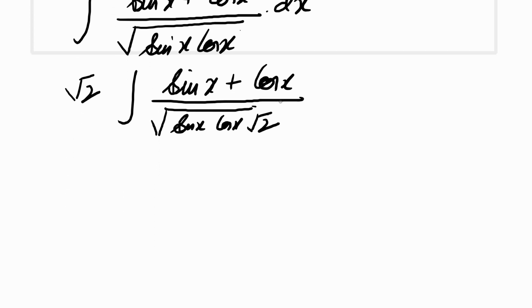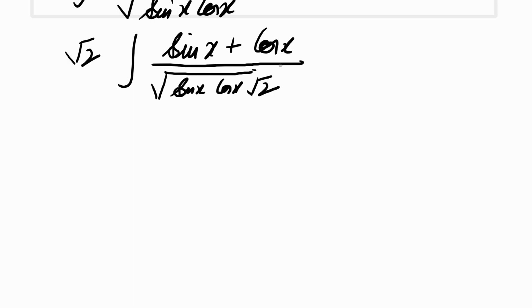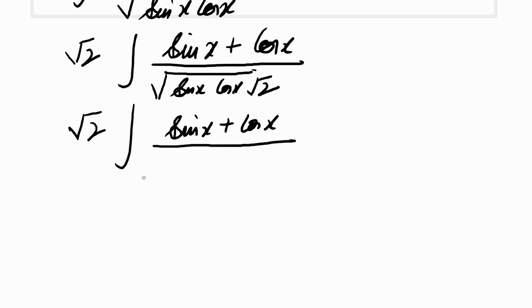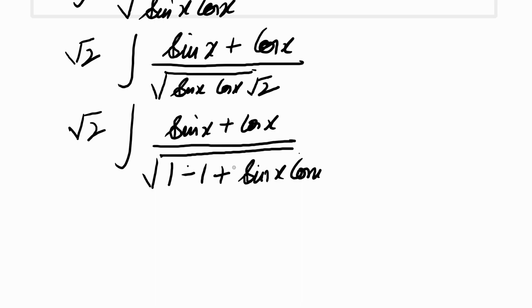Okay. So what will we do next? Next we will write root 2 sin x plus cos x, and we will add and subtract 1, plus minus 1 plus sin x cos x and 2.